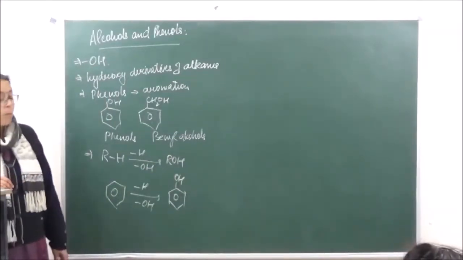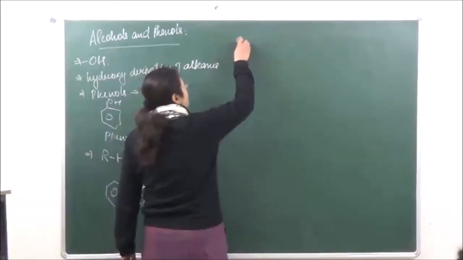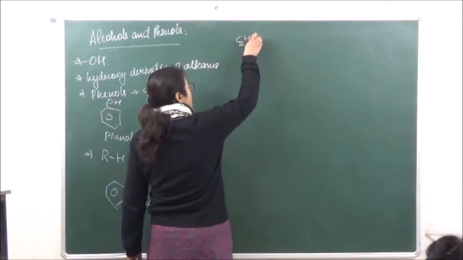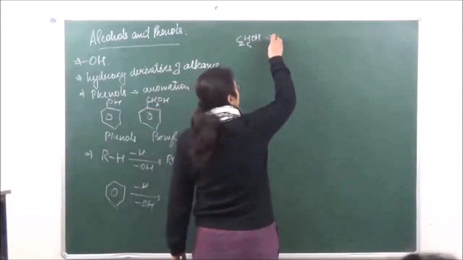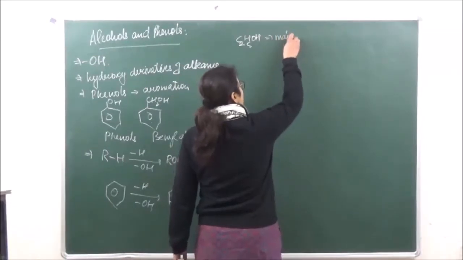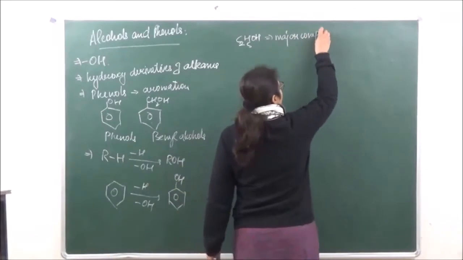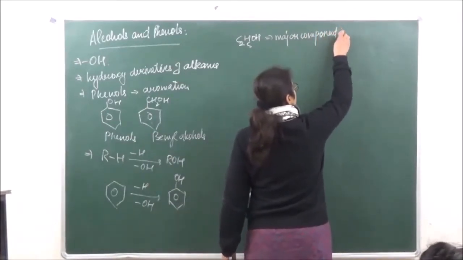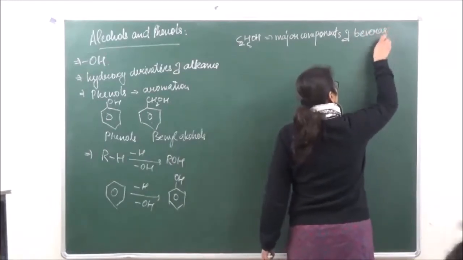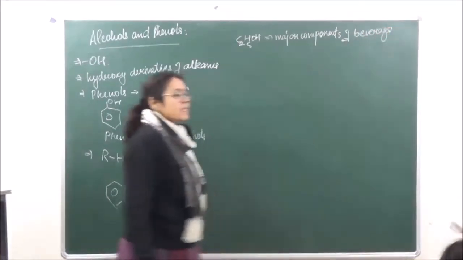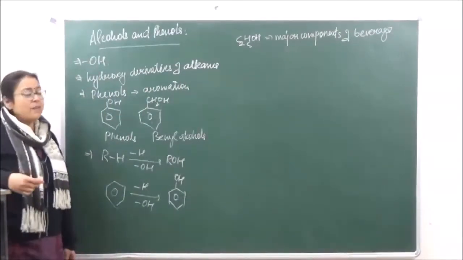Now, what is the importance of alcohols? When we are talking of C2H5OH, which is known as ethyl alcohol, this is one of the major components of intoxicating wines or beverages. Just for example, we have whiskey, beer, wine, rum.